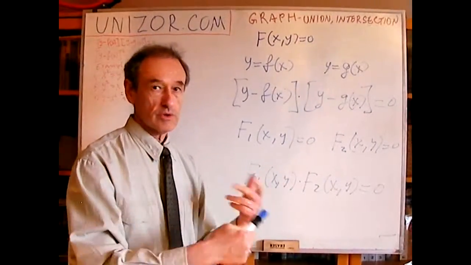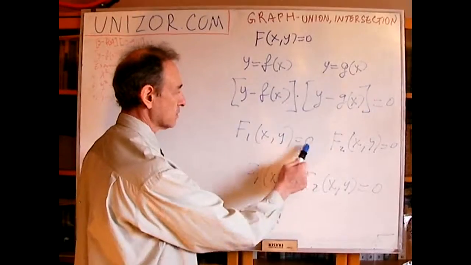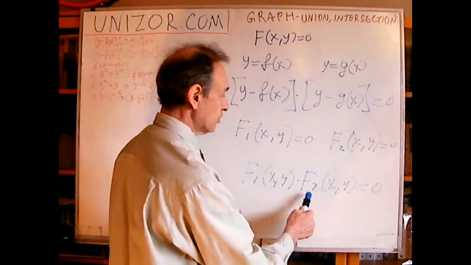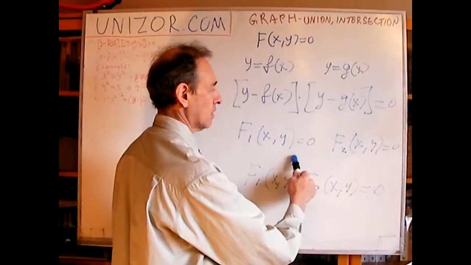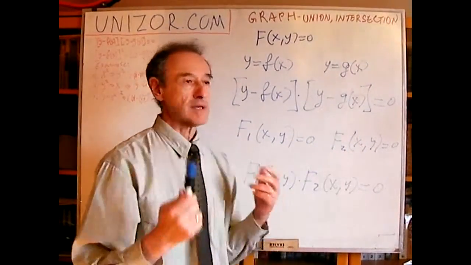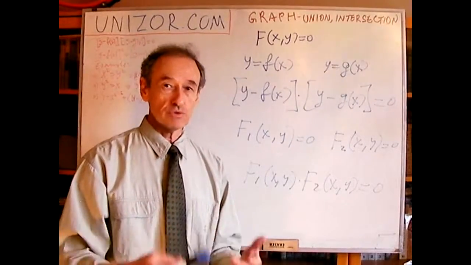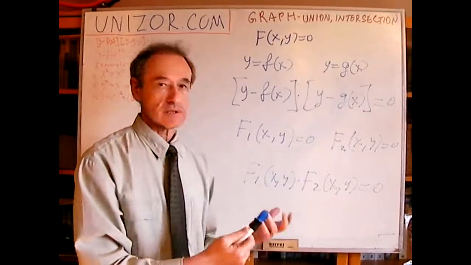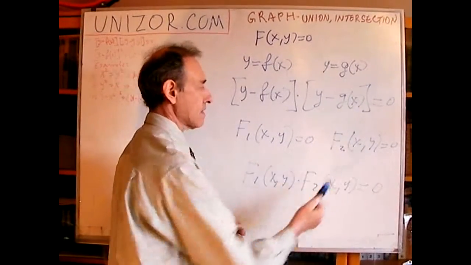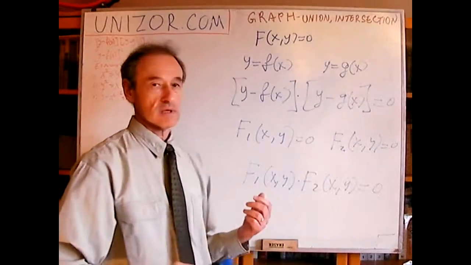This is your unionization. All the points which satisfy f1 equals 0 are unionized with all the points of f2 equals 0. These two equations must be represented as graphs and unionized. It is an easier task to graph them separately and unionize than to graph the big thing.